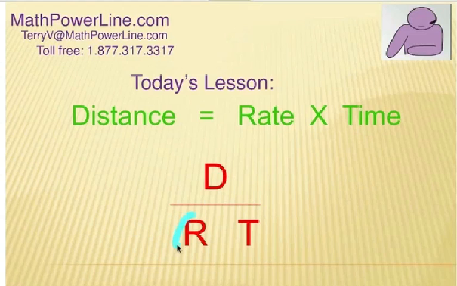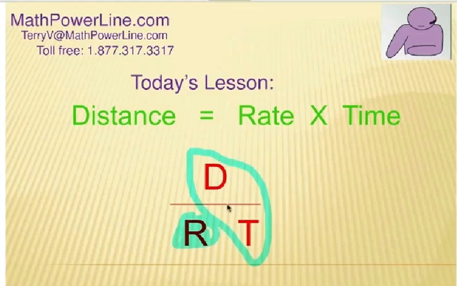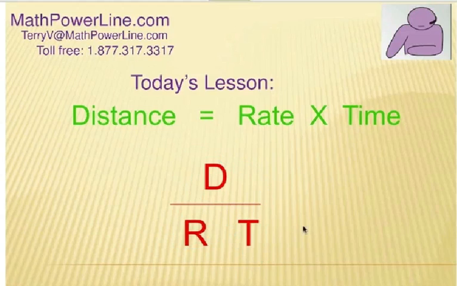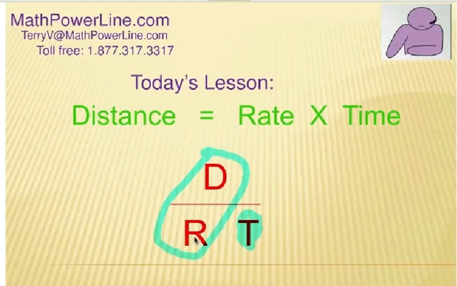If you are asked for the rate, the speed at which something happens, you take a look at what's left, and that'll be the distance divided by the time. If you are asked how long it takes something or someone to travel, that's time. Time is the unknown, and what's left is the distance divided by the rate, d over r.